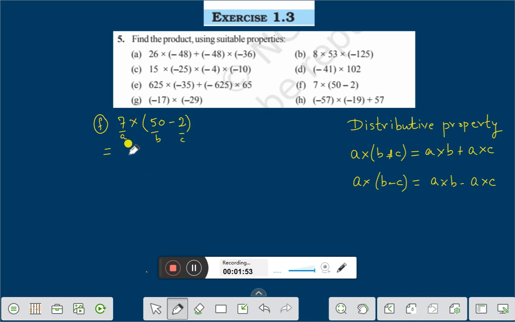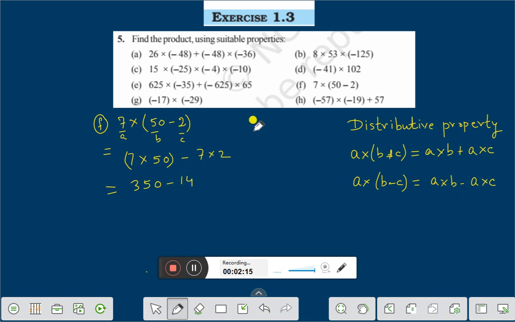Therefore, we can write 7 into 50 minus 7 into 2. 7 times 5 is 35, so 350, minus 7 times 2 is 14.